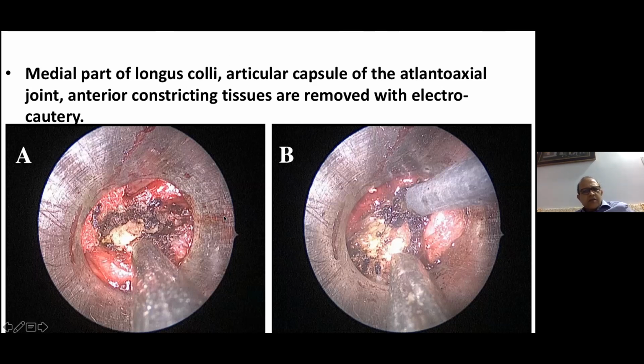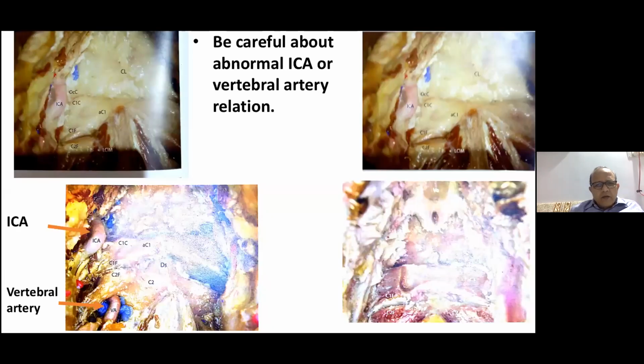So first, before going in, you must identify the anatomy. Don't do anything unless you are sure what is what. So identify C1 anterior arch, identify the vertebral body, C2, C3 disc space, mark the midline at C1 and also at C2, C3 disc space, and identify the lateral margins, and both the facet joints should be exposed for good decompression.